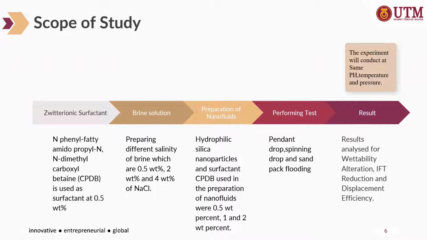The third is hydrophilic nanosilica, and CPDB is used in the preparation of the nanofluid. The fourth is that we will perform the pendant drop test, spinning drop test, and sample flooding test. The last is the analysis of results for wettability alteration, IFT reduction, and displacement efficiency. All of these experiments will be conducted at the same pH, temperature, and pressure.